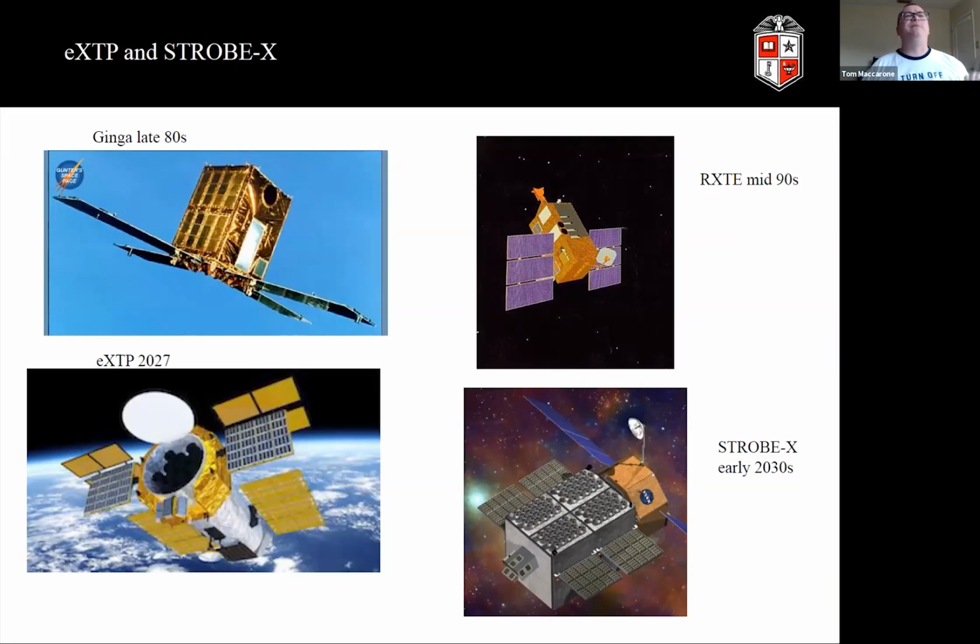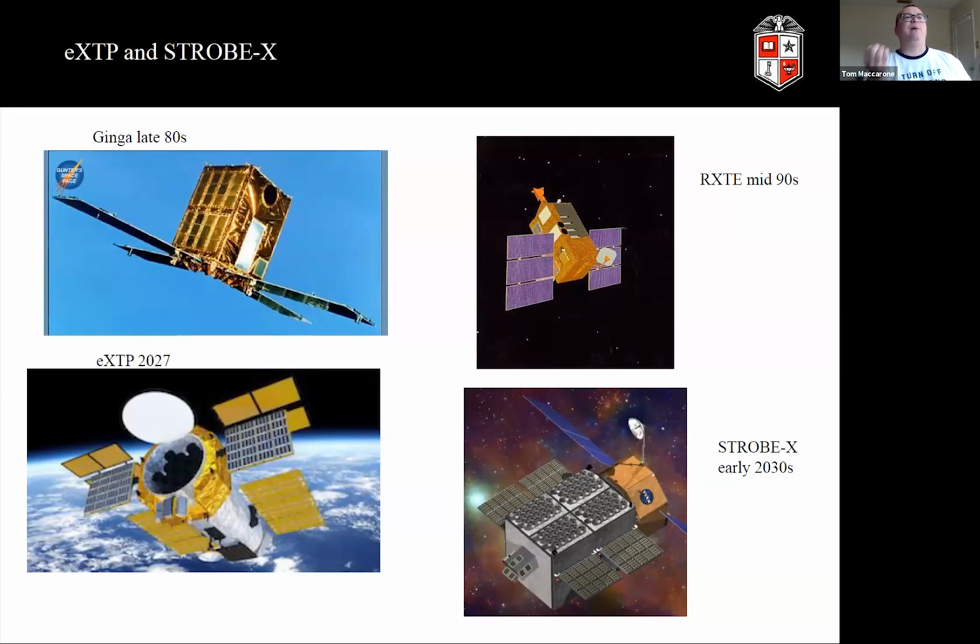And I want to just remind people of a little historical fact: about 30 years ago, we were in a similar situation to where we are now. Ginga had been launched in the late 80s, and Ginga did a bunch of great science. And then the Rossi X-ray Timing Explorer came along in the mid 90s. We sometimes think of RXTE as the satellite that really revolutionized our understanding of accretion physics.